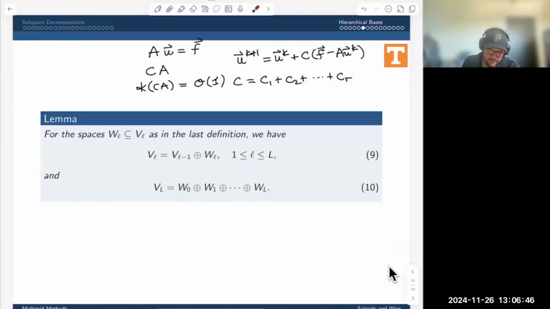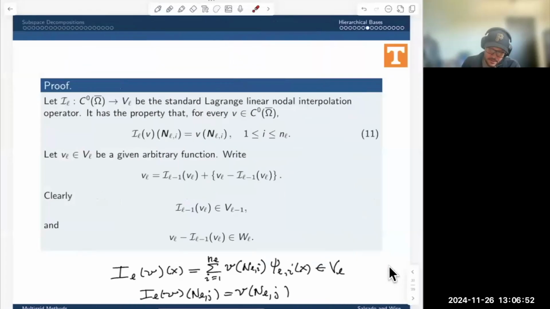We're trying to show that every VL can be written as something in VL minus 1 and something in WL. All right, now let's look at this guy here. What is this? Well, I claim that this difference here is a finite element function that lives in WL. So this one is clear, but I think this one maybe I have to do a little bit of work to show you it's true. VL minus IL minus 1 VL should be in WL.